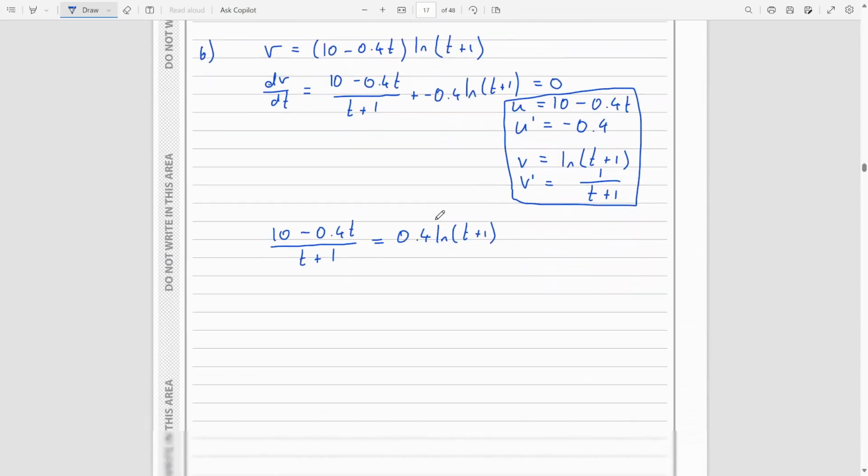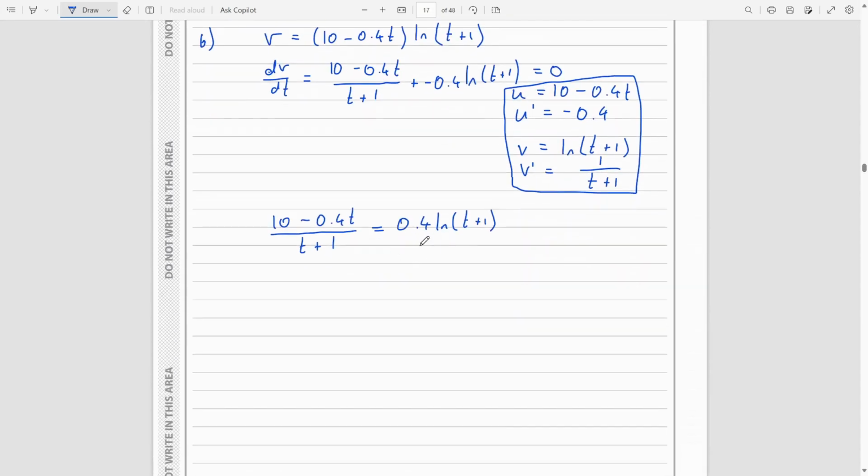So why don't I try to create that for myself if I can. Maybe a useful thing to do right now is just divide both sides by 0.4, so I've got ln(t plus 1) on its own. When I divide this side by that, I'm going to get (25 minus t) over (t plus 1). And over here, I just get ln(t plus 1).